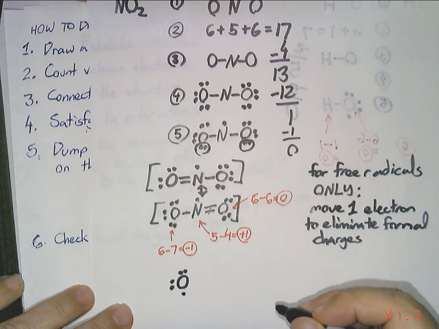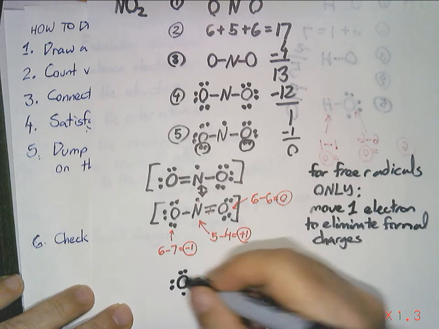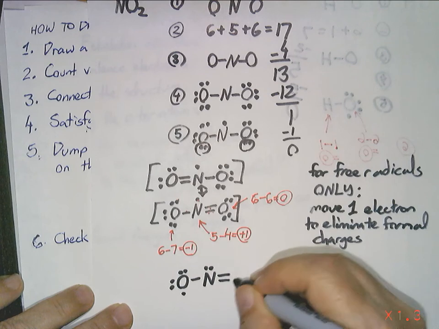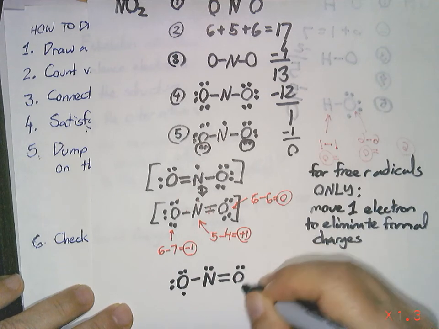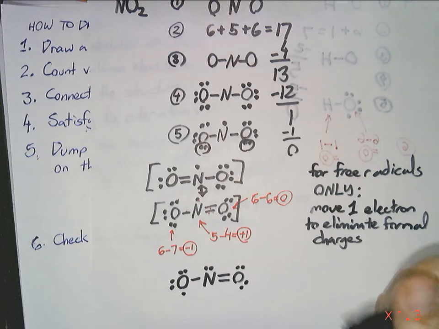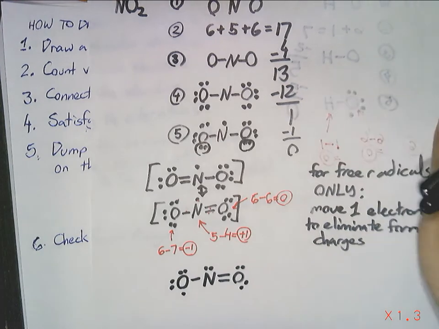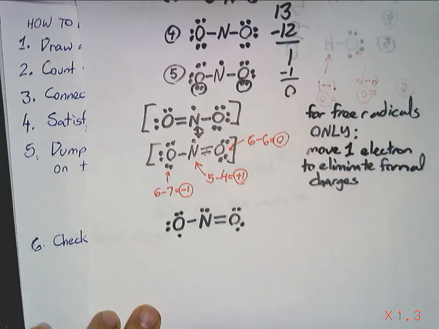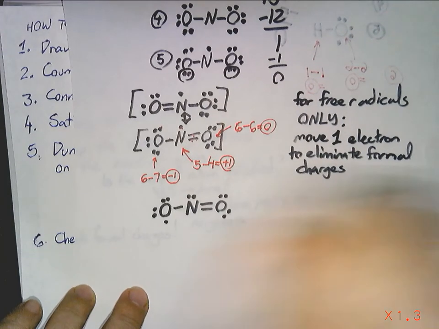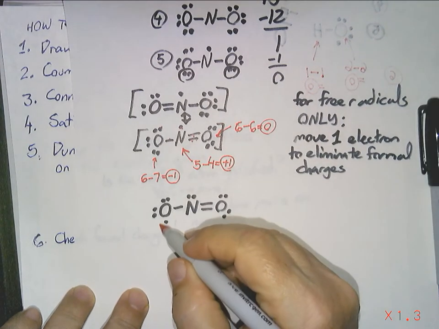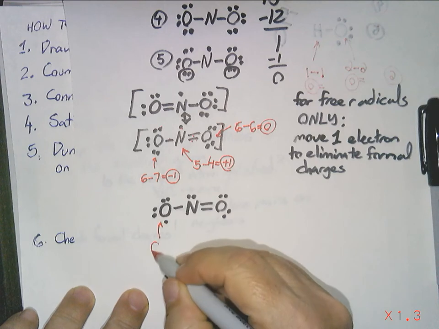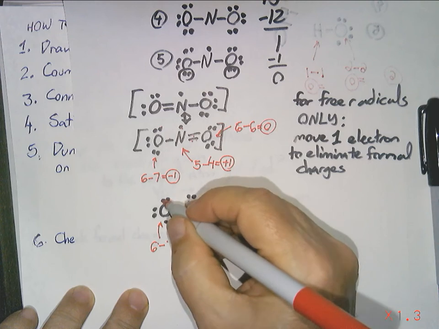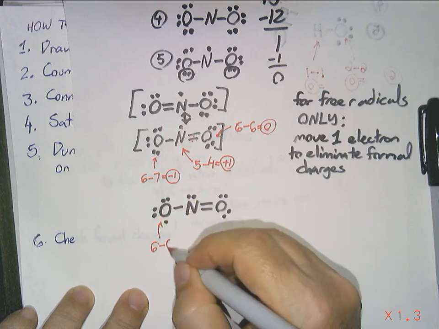Now I have an odd number of electrons on the oxygen. And I have a structure that looks like this. Now let's check the formal charges to make sure that that really helped. Okay, the formal charge on this oxygen is going to be 6 valence electrons minus 1, 2, 3, 4, 5, 6 sticks and dots.